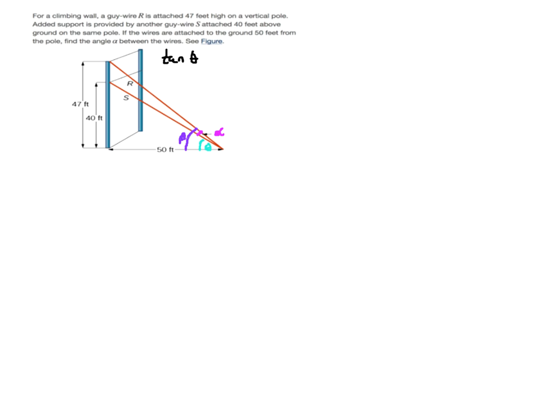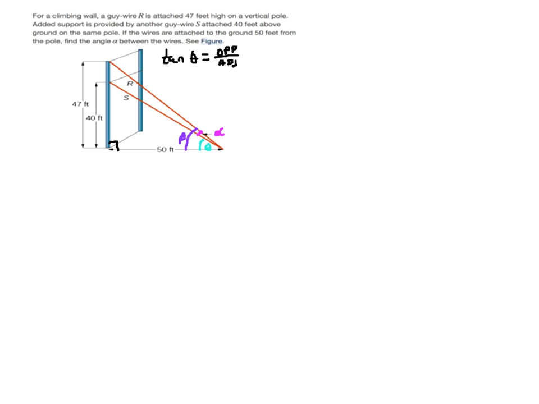Okay, so just as a reminder, tangent theta is going to be equal to the opposite over the adjacent. I'll just point out we've got a 90-degree angle here. The reason I'm using tangent is because I don't have the hypotenuse for either of those triangles.